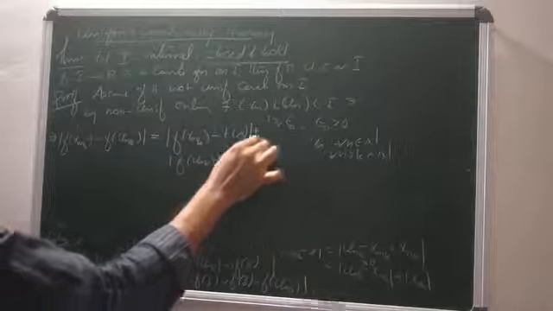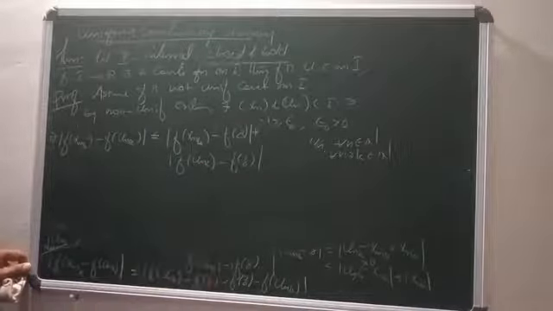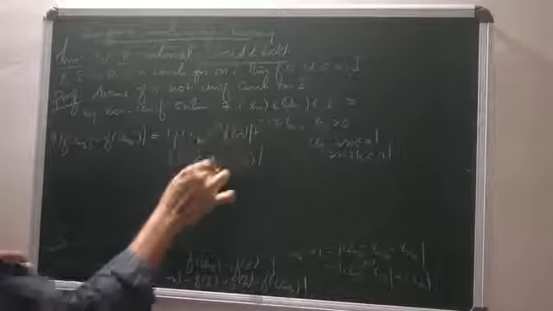We know that f of x_nk converges to f of z, and f of u_nk also converges to f of z, so these two go to 0.